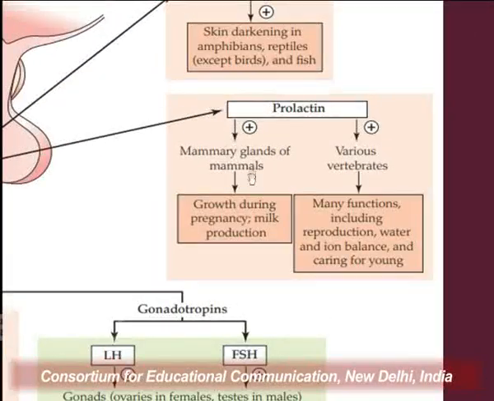Now if you look at the lactotrophs, these lactotrophs produce prolactin hormone, which acts on the mammary glands. You are aware that mammals have mammary glands only. It acts on these mammary glands and stimulates the production of milk, and also stimulates their growth at the time of pregnancy.